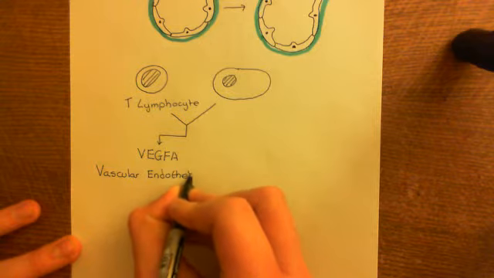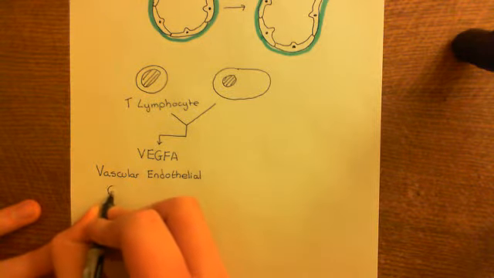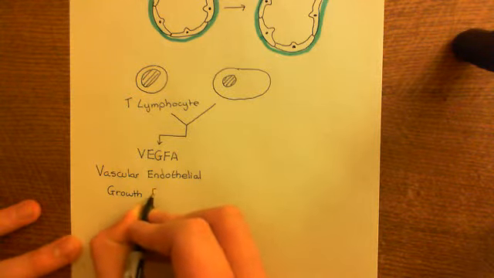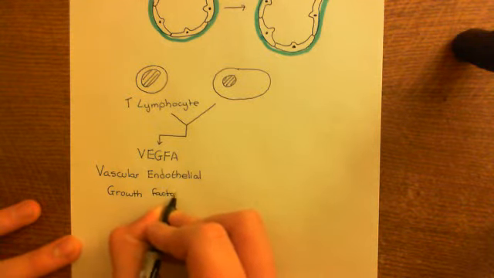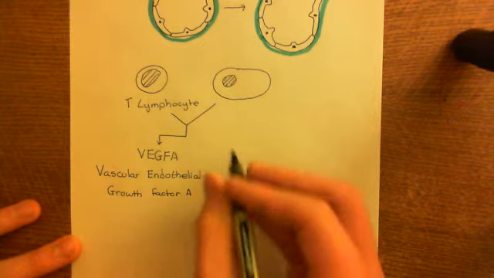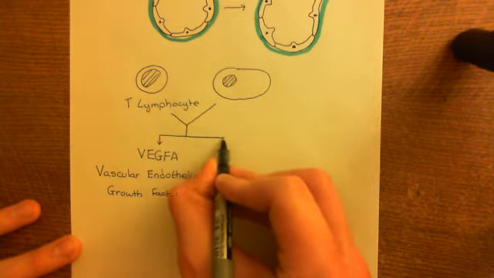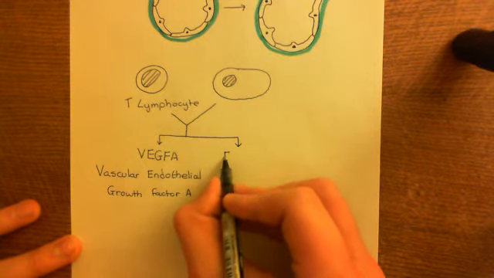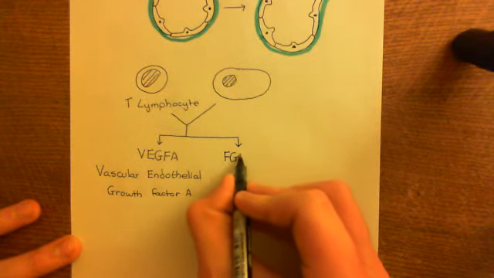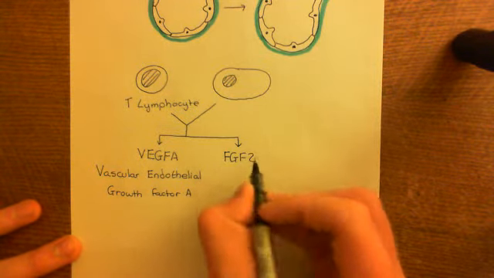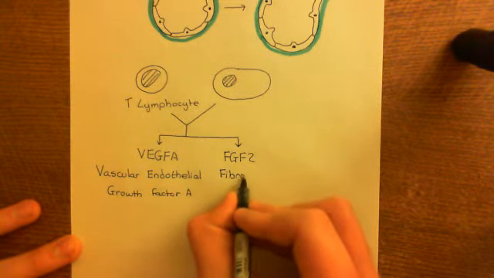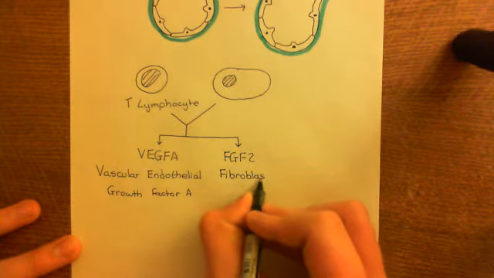It's going to act on the vascular endothelium, and it's going to cause growth within the vascular endothelium. And they're also going to start producing fibroblast growth factor 2, which is abbreviated to FGF2 for short. So this stands for fibroblast growth factor 2.